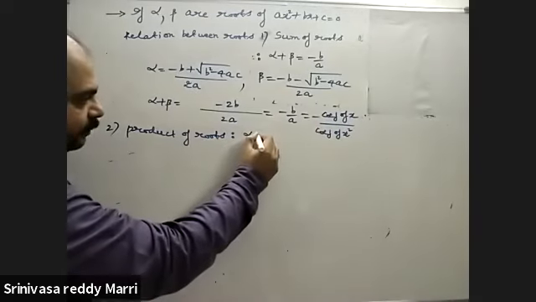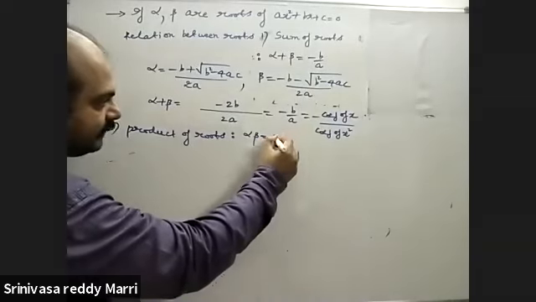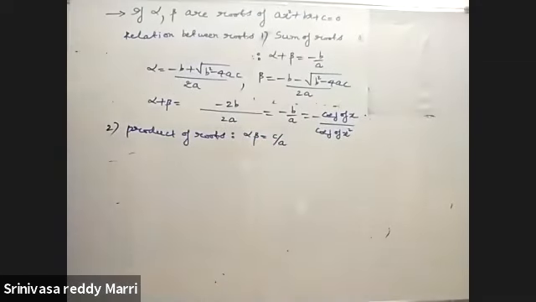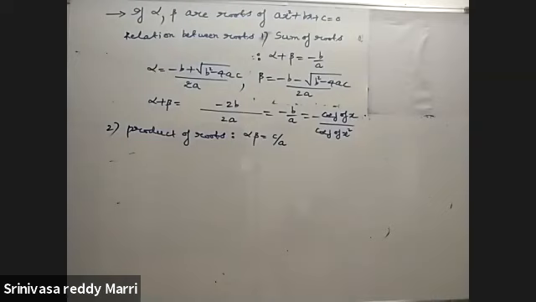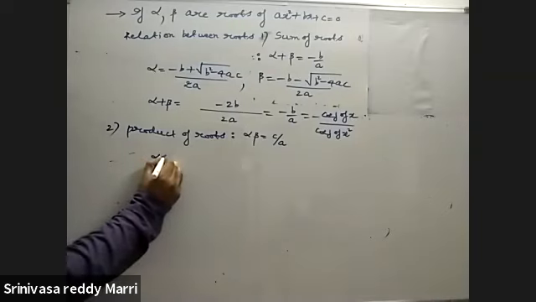Alpha into beta is nothing but c by a. Now look at alpha into beta.